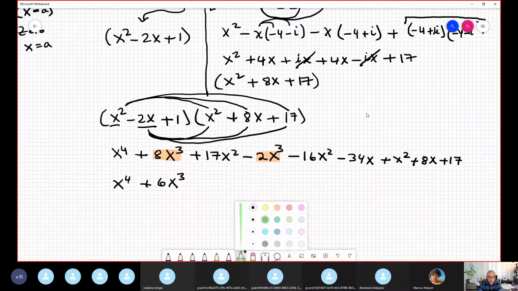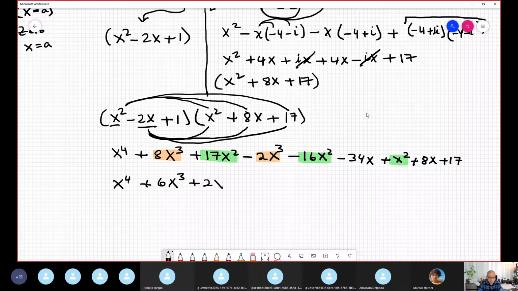Which more are like? Well, like 17x squared, minus 16, and 1. It's easy because 17 minus 16 is 1, and 1 plus 1 is 2. This is 2x squared. And one more, 34 and 8 is minus 26, minus 26x plus 17. Bam! End of the story.